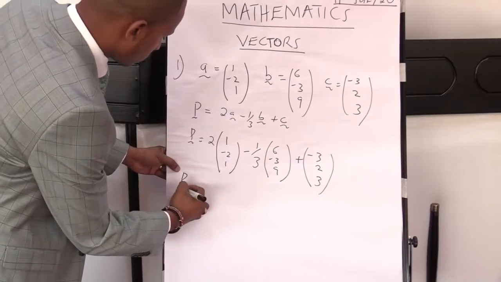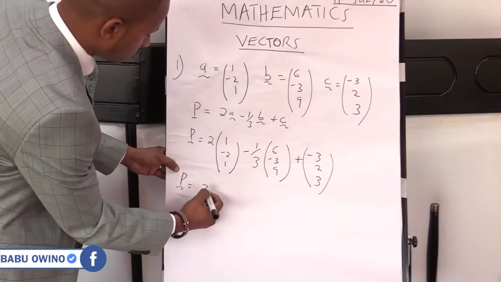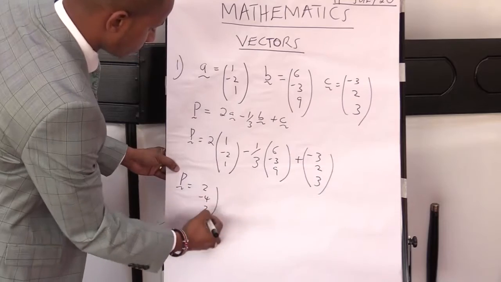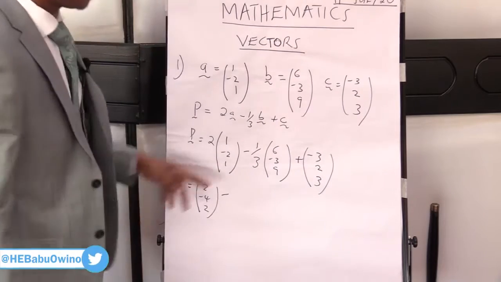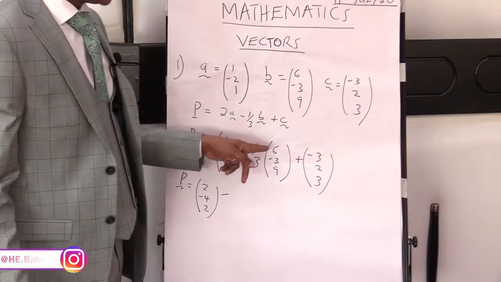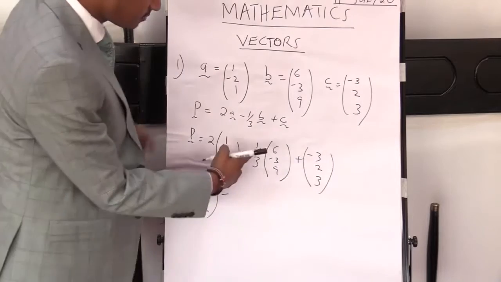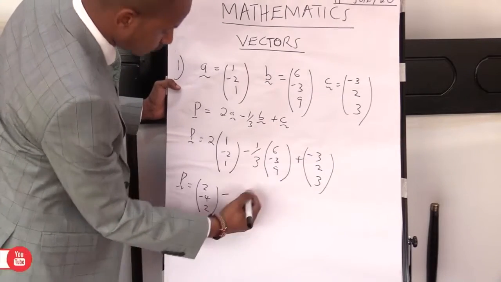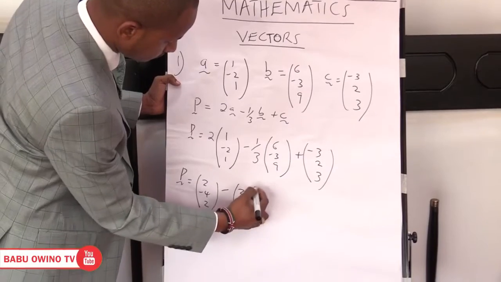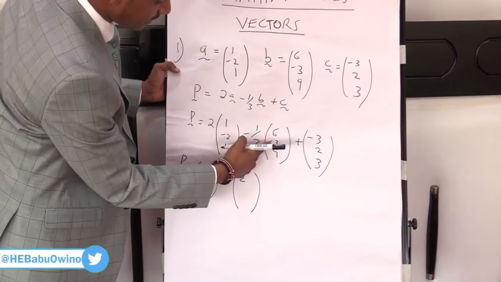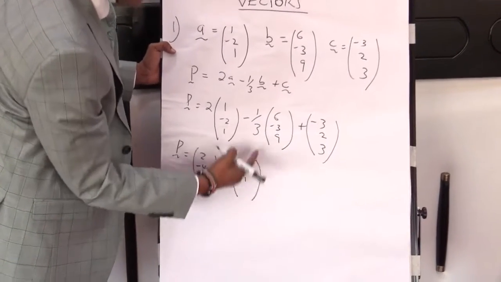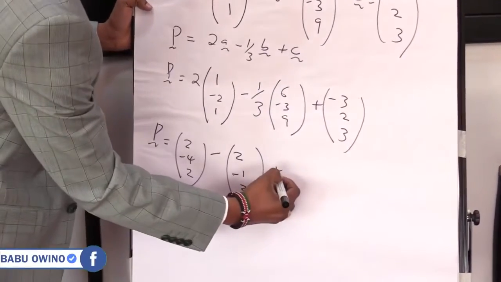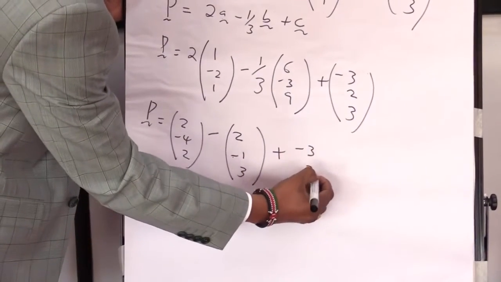So our P equals 2 times 1 is 2, 2 times -2 is -4, then 2 times 1 is 2. Then minus a third times B, so it is a third times every number here. So a third times 6 is 2, then a third times -3 is -1, then a third times 9 is 3. Then plus (-3, 2, 3).